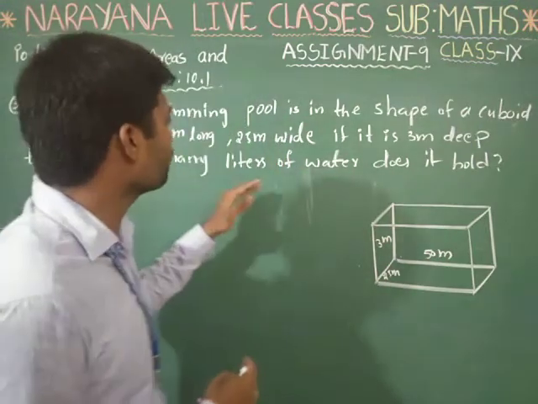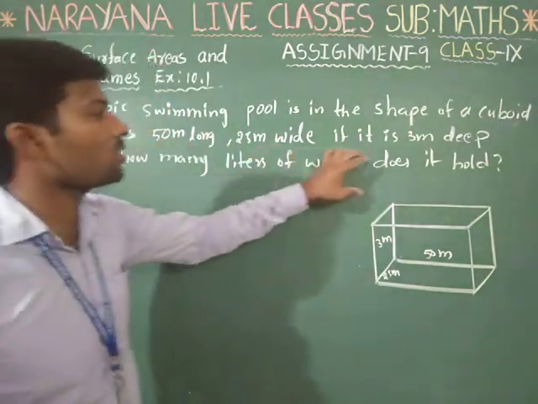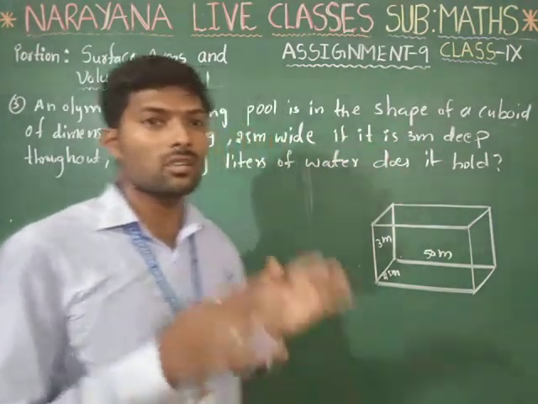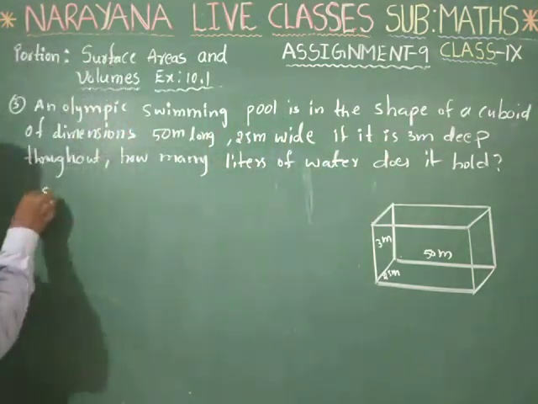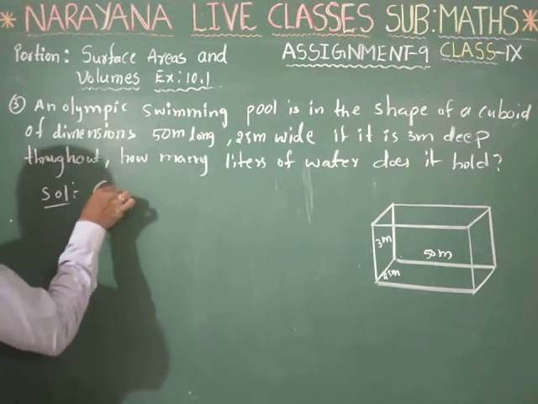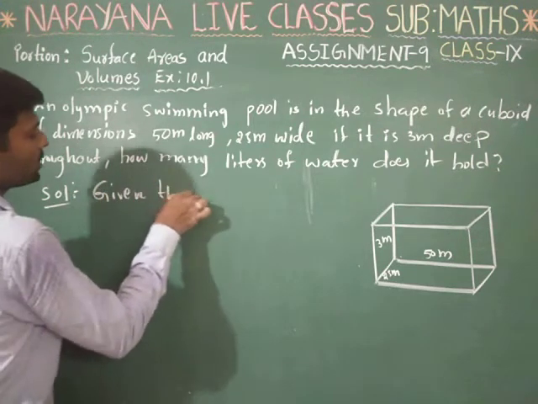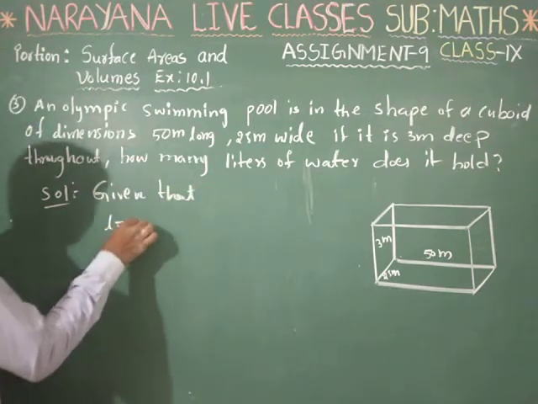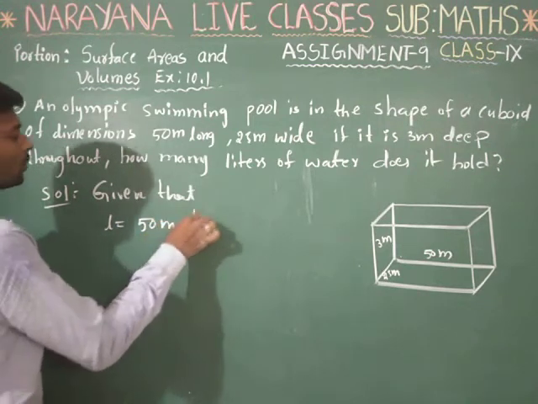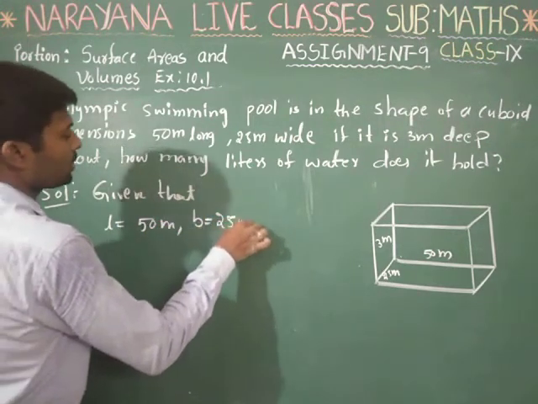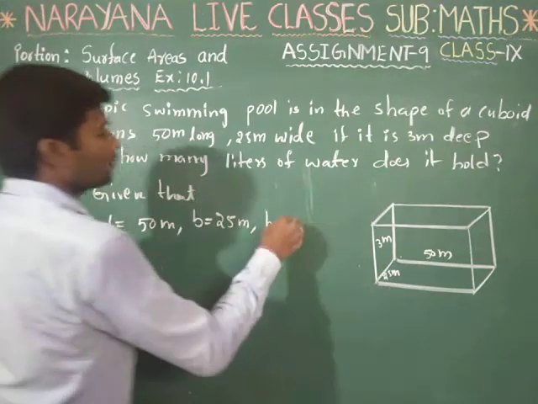Now in order to find how many liters of water it holds, first we have to find the volume of this cuboid. Given that L is equal to 50 meters, B is equal to 25 meters, and H, that is depth, is 3 meters.